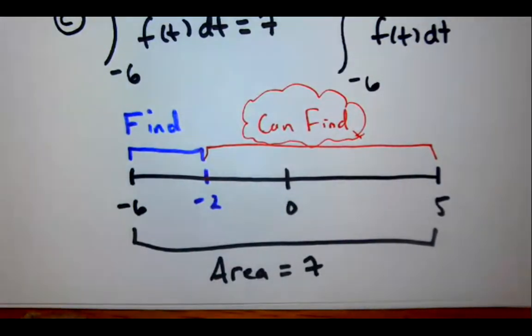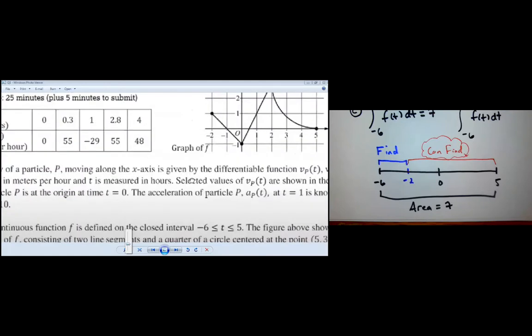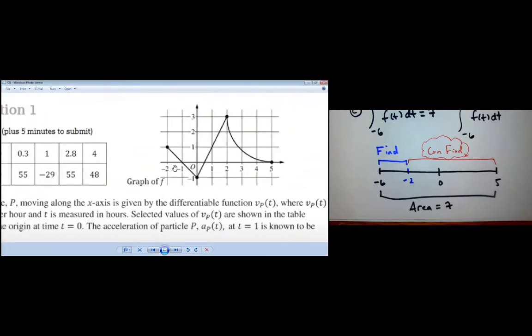Does that make sense, guys? Yeah. Okay, so let's go back now and take a look at the graph. We are going to try to find the area from -2 to 5 and then subtract it from 7 to give me the blue. Now, when it comes time to find area, let's make sure we're finding the right spots. Follow, can you guys see the cursor moving?